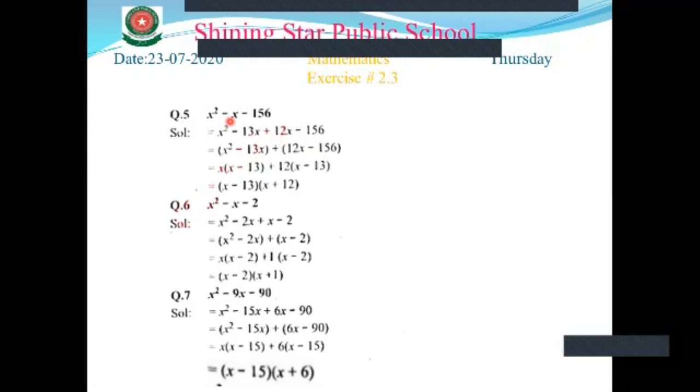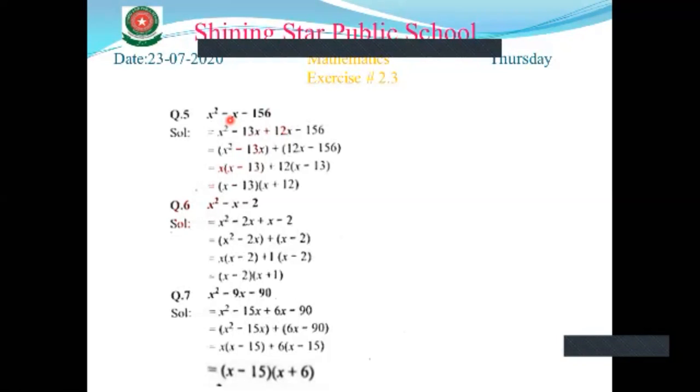Okay, dear, some students find difficulties in writing the signs with the numbers. Let's suppose in this question we have to find two numbers. If we multiply them, we must get 156, and if we add them, we must get minus 1. The numbers are 13 and 12.